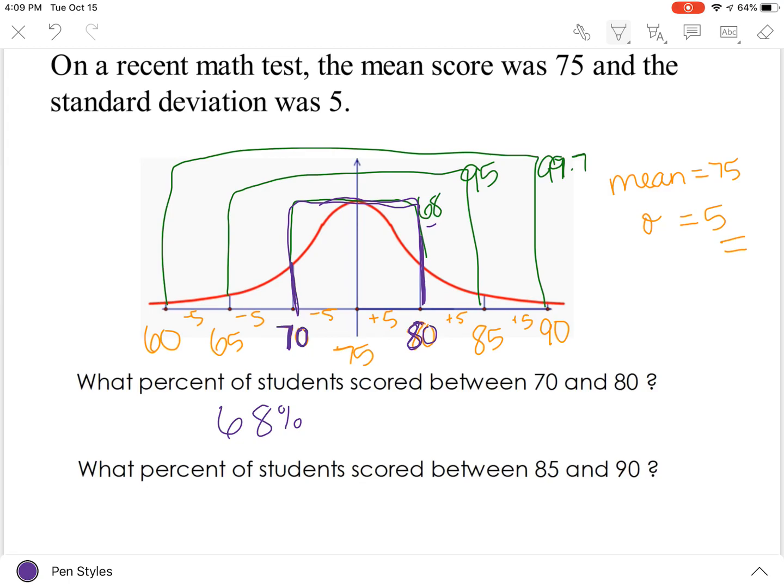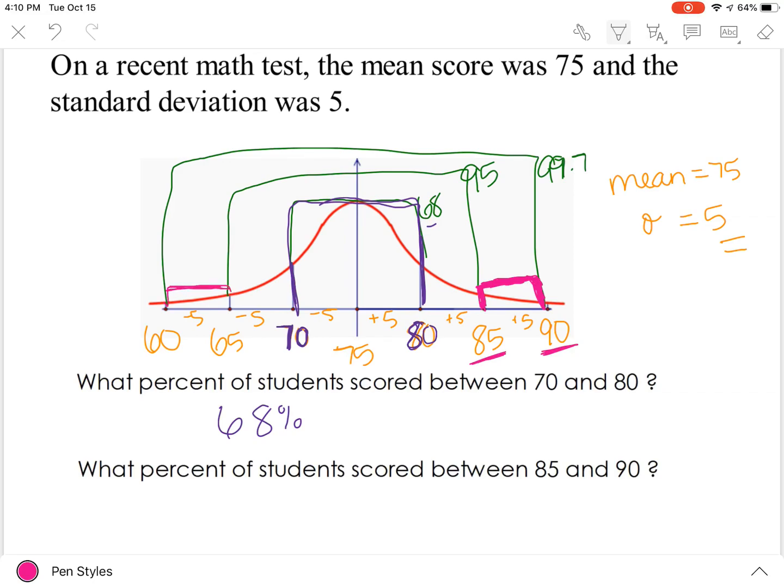What percent of students scored between 85 and 90? Here's 85. Here's 90. So we're just looking at this area from 95% to 99.7%. That's the difference between 95 and 99.7.